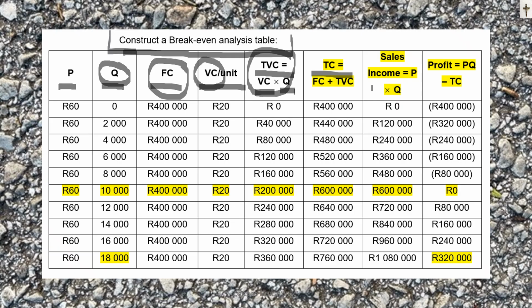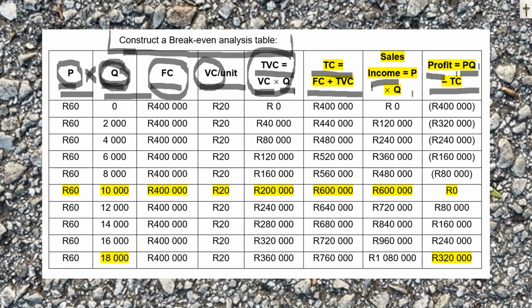Sales income is equal to price multiplied by quantity. Profit is equal to the price of each file multiplied by the quantity sold, which is the income, less total costs. And remember, total cost is fixed cost plus variable cost.